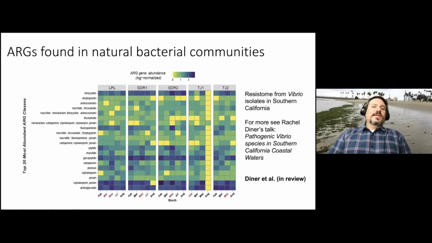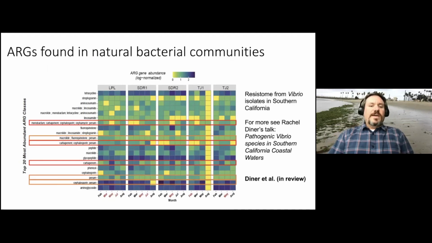But we took a look at the antibiotic resistance genes in these communities and tried to see, well, could we match some of these with what we were seeing in the sewage and what we were seeing in that effluent plume? And in fact, we could. And what you see here, we have carbapenems in red and other penem resistance, along with other macrolides and some of the other genes we saw that are showing up in Vibrio isolates isolated from estuaries in Southern California.